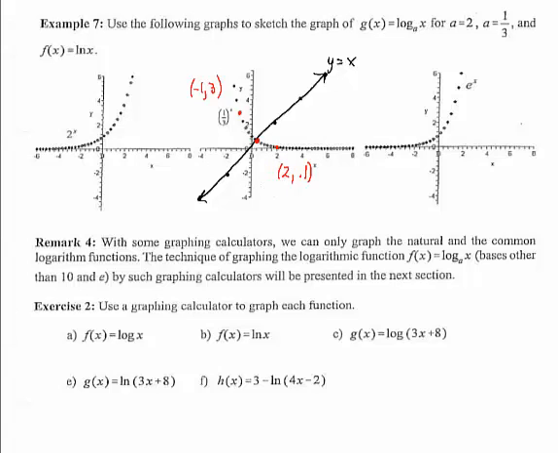So for my inverse function, I'll simply swap the coordinates. The inverse function will share this one, and I'll write it in green. And so the inverse function will be 0.1, which will be really close to the y-axis, and then I'll simply go up 2, and these coordinates will translate to 3, -1.